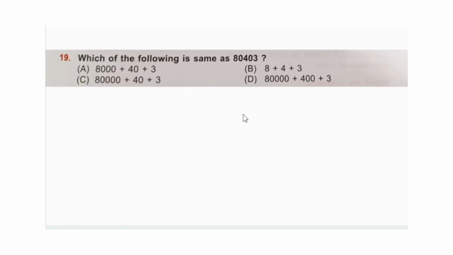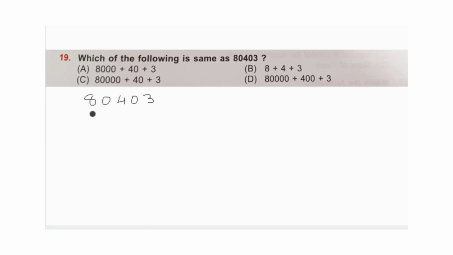Let's look at question number 19. If you see the question, it says, which of the following is the same as 80,403? Let's break down the number in the question, 80403.